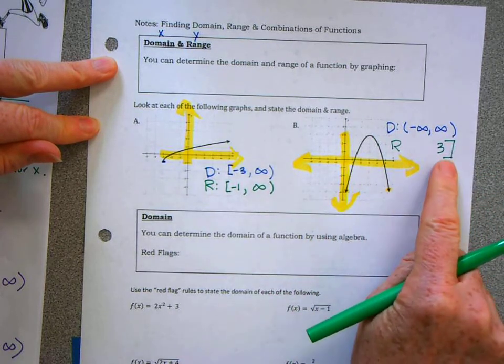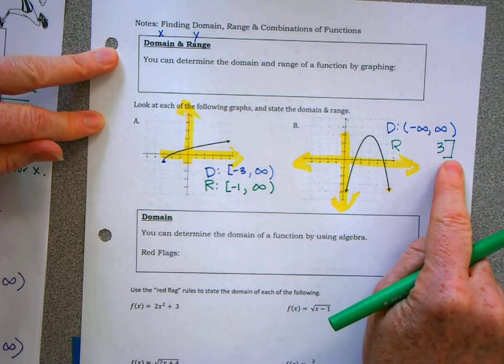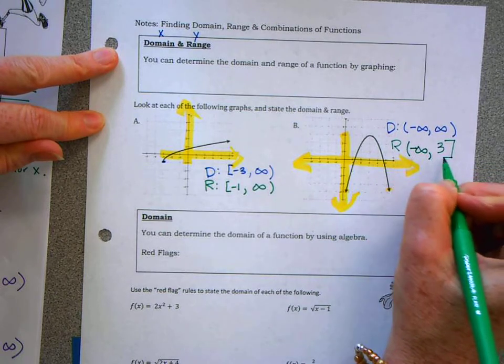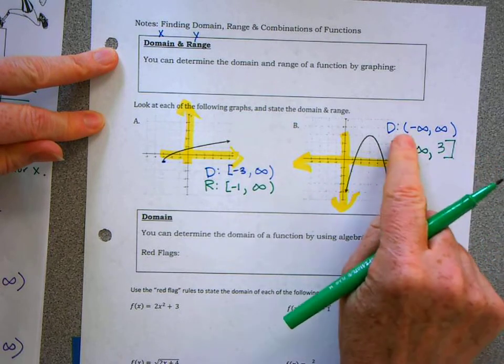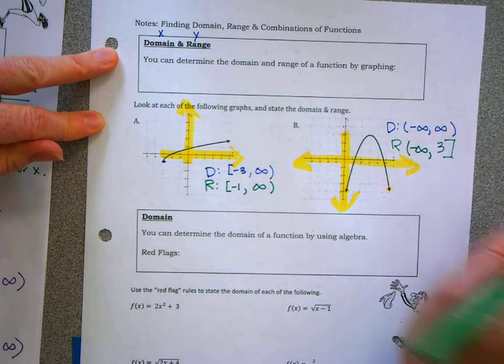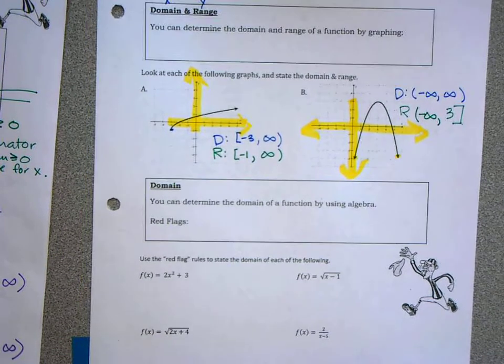So I put my 3 at the right end of my range, and I say from -infinity up to and including 3. The soft brackets, remember, mean do not include this number. And infinity can never be bound. It's a beautiful math concept. We can't bind it.